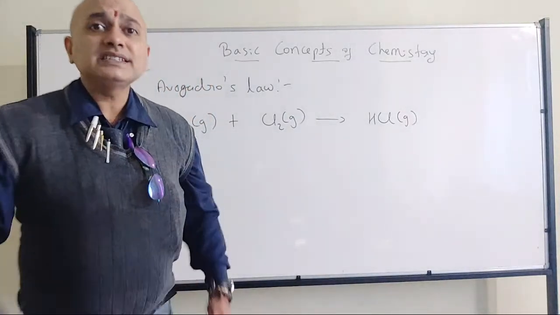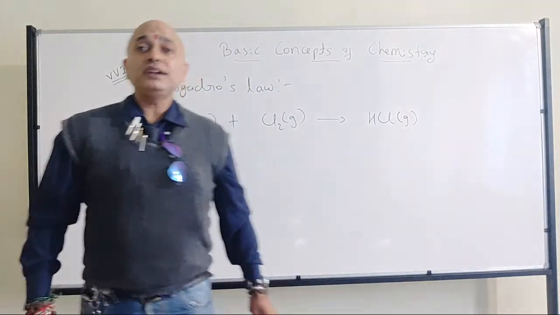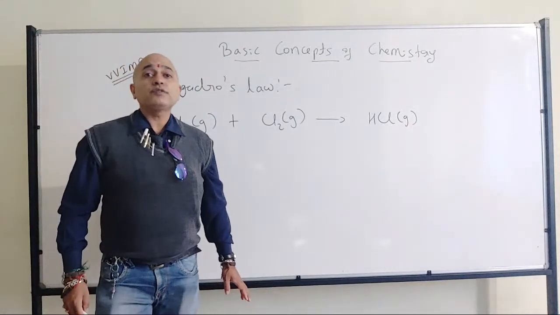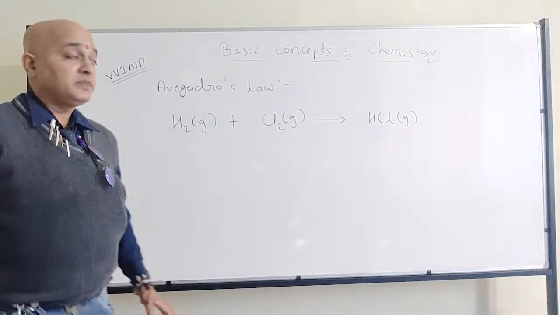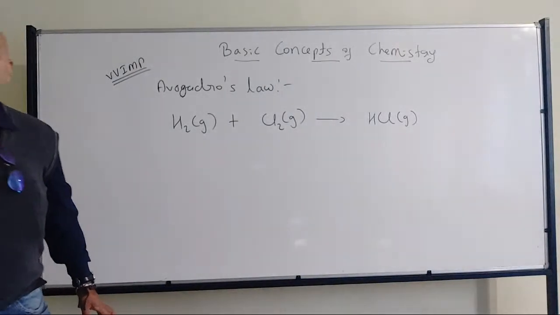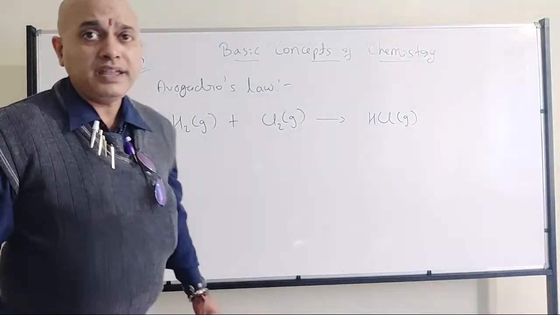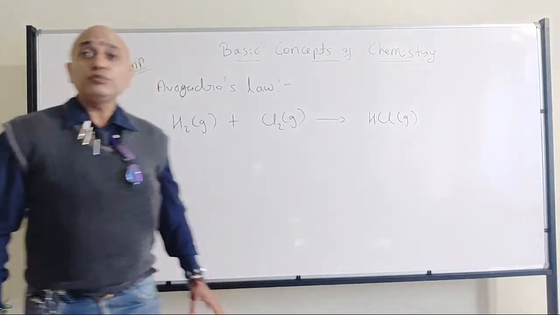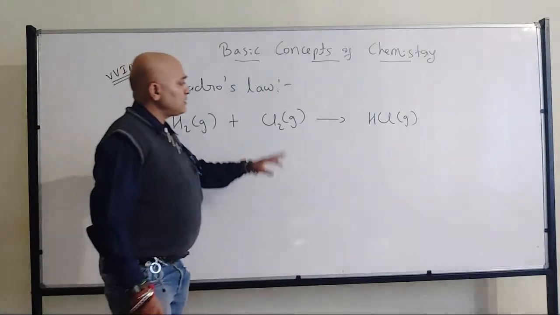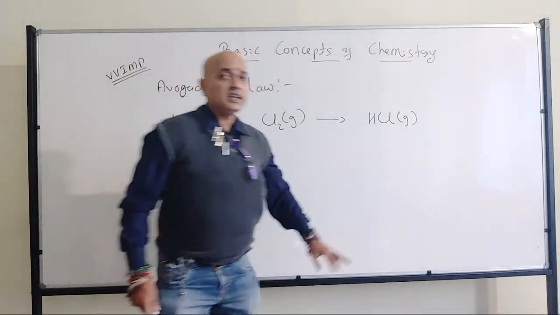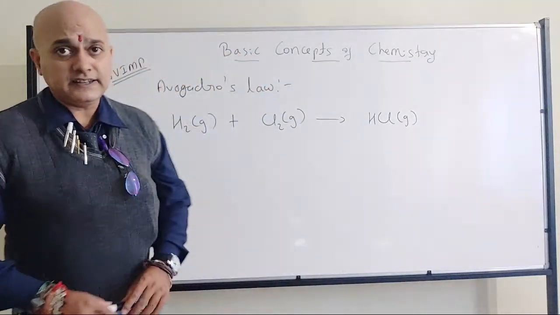So whatever HCl is present in your laboratory, it is not in pure form. It is a diluted one, mixed with water. A pure HCl cannot be liquid at room temperature. It will be gaseous in state at room temperature. Please remember. So that's where hydrogen gas and chlorine gas are reacting to form the HCl.